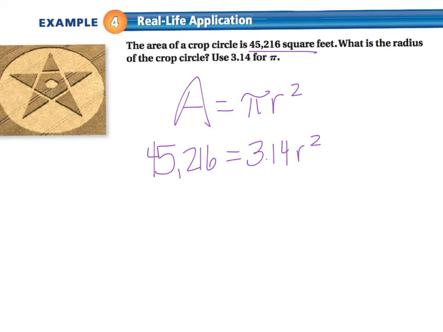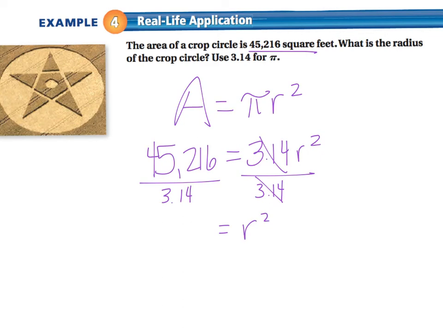So if this is r squared multiplied by 3.14, to get rid of the multiplication, I can do inverse operations. You heard that earlier in this lesson. The inverse of multiplying is dividing. So I can undo multiplication. Now this is going to give me 3.14 divided by itself. That's gone. I'm left with r squared.